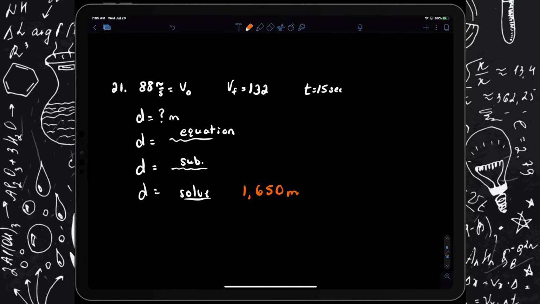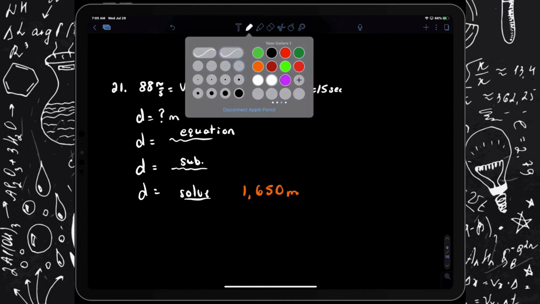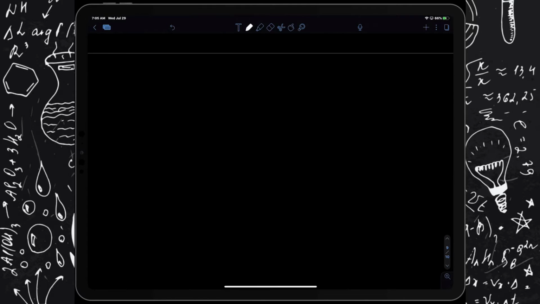Let's go on to number 22, the last one for this problem set. So we have number 22. Says if we have an engineer to design a runway to accommodate airplanes that must gain a ground speed of 60 meters per second before they can take off.